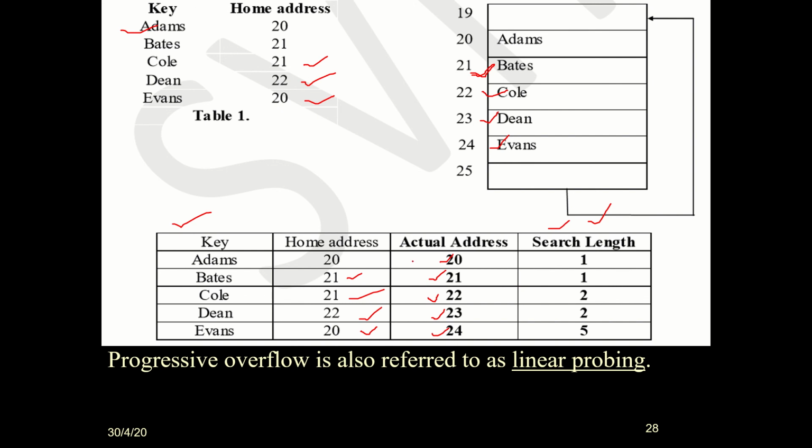The actual address was 20, so we retrieve it by 1 disk access. Actual was 21, so again the search length is 1. Again it was 21, but it was in 22, so the search length becomes 2. It was 22, now I go to 23, so again 2. It was 20, and I keep searching till 24, so the search length becomes 5. This is how the search length is calculated.